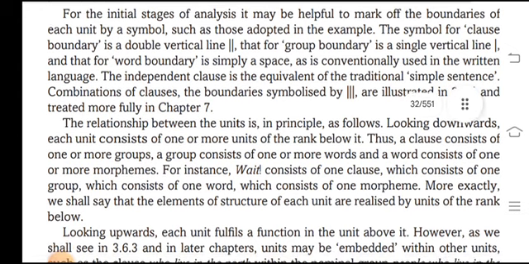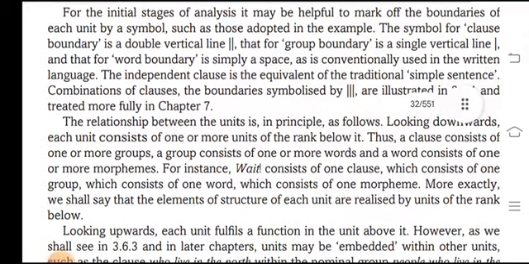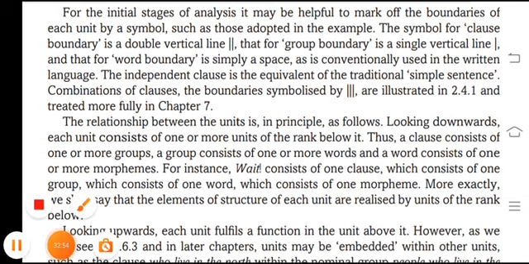For the initial stage of the analysis, it may be helpful to mark the boundaries of each of the units. The symbols adapted in the examples for the clause boundaries are a double vertical line, for the group boundaries a simple vertical line, and for word boundaries simply a space, as is conventionally used in the written language.